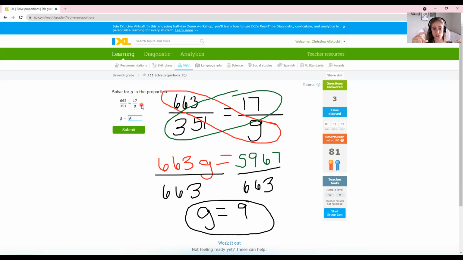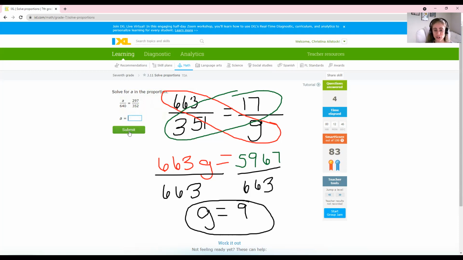So I now have a much smaller one, because 17's a lot smaller, but it still needs to be an improper fraction. 17 over 9 fits the bill. So it doesn't guarantee the answer, but it's a nice way to just quickly look and say, all right, does my answer make sense? Does it fit with what I should get? And it does. That's always good to double check, especially when the numbers are so large. Okay. All right.